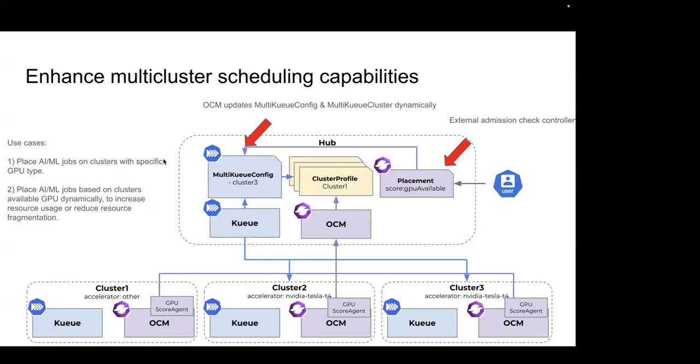So we think there are two meaningful cases. One is that with this integration, users can place AI and machine learning jobs on clusters with a specific GPU type. Also, users can place jobs based on the cluster's available GPU dynamically, so that it can increase resource usage and reduce resource fragmentation.